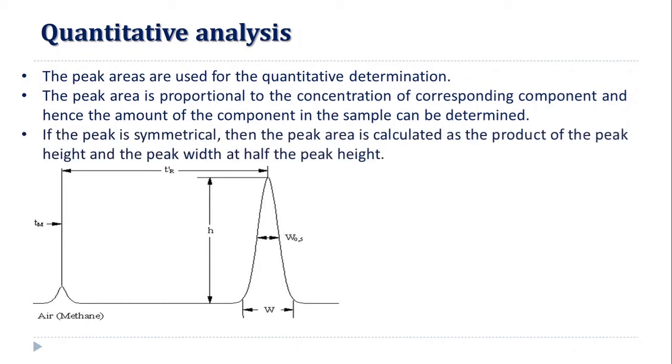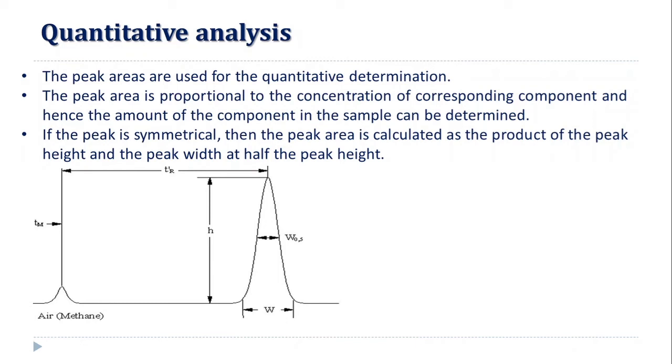If the peak is symmetrical, then the peak area is calculated as the product of peak height and the peak width at half height. So this is the formula for determining the peak area.